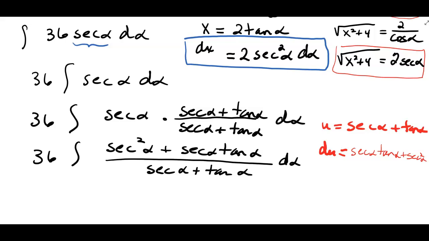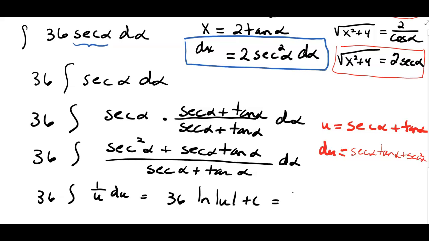So you end up with, if you recall, 1 over u du, which is the natural log of u plus c, which equals the natural log of the original u, secant alpha plus tan alpha plus c. So that's just one of those little tricks that comes up. But we'd already done that in the last lesson, so I thought it would be good to use here.